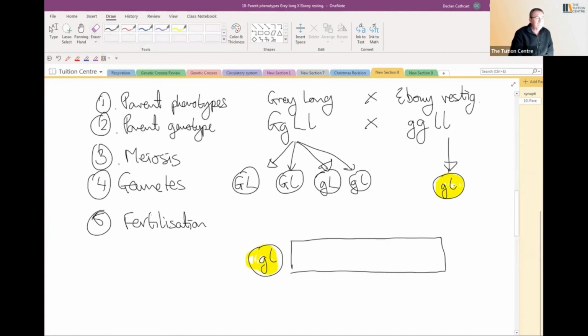Okay, so you need 4 slots here to figure out what the products of fertilization are going to be, right? The possible zygotes.